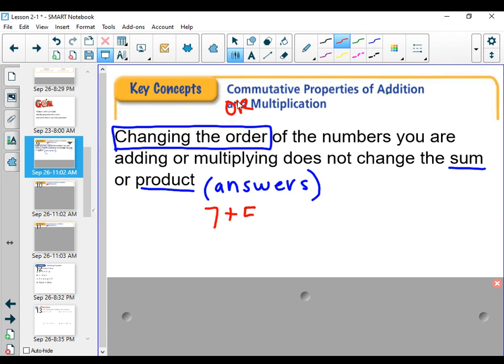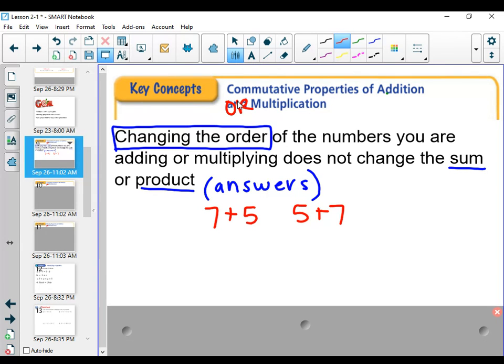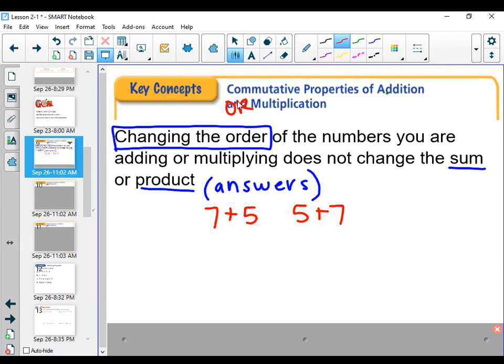I can take 7 plus 5 and change the order to 5 plus 7. 7 plus 5, 12. 5 plus 7, 12. Both sides equal. If it is adding and you change the order, it won't change the answer.